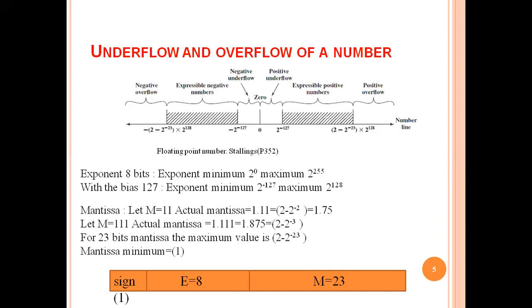So if you want to add two numbers, suppose 6 plus 5, it will be 11, but your processor can represent a maximum number of 10. So if the summation of these two numbers, 6 plus 5, generates 11, but your processor can only represent a maximum of 10, there will be overflow.